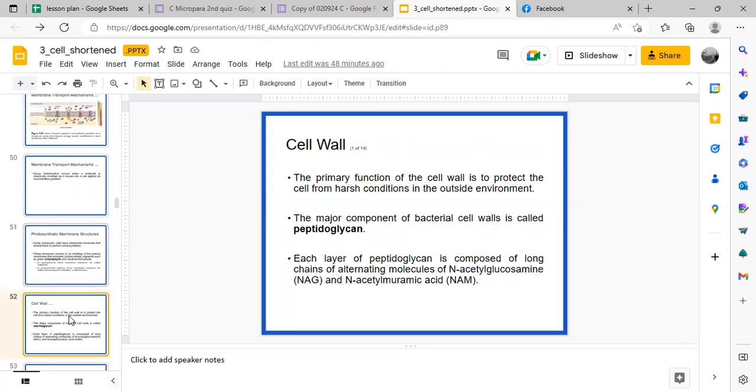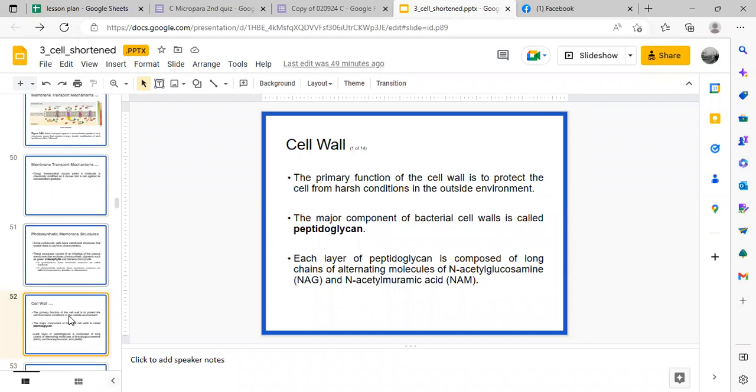Okay, so let's talk about the cell wall. As mentioned earlier, it's important for the bacteria or the archaea to survive conditions. Having a cell wall will protect against the osmotic pressure in the environment.